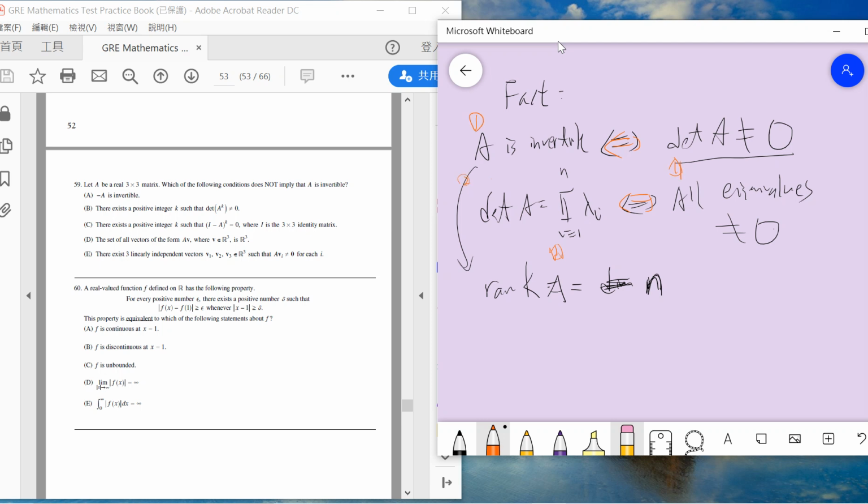So we have 3 or 4 facts that are equivalent and that we can use. Okay, the first one: minus A is invertible. I mean, this is simple, because it's obvious that the answer is correct.